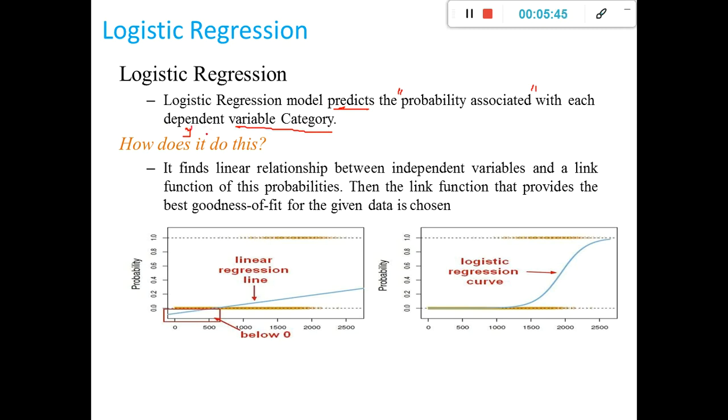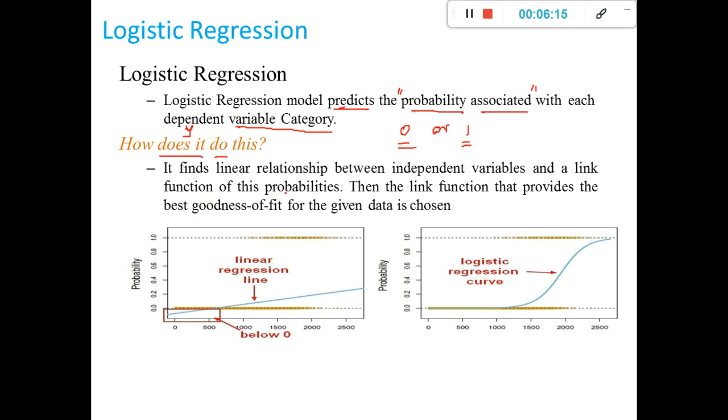So when I have to predict y, my output variable, logistic regression always gives me the probability associated with it, okay? And then we have to classify it, associating either 0 or 1 to my output variable category.